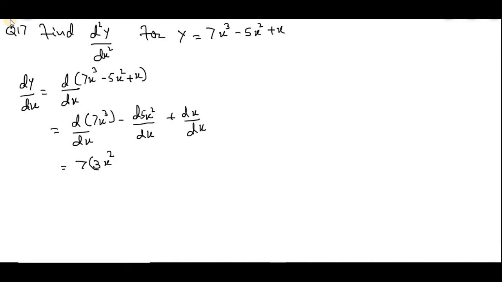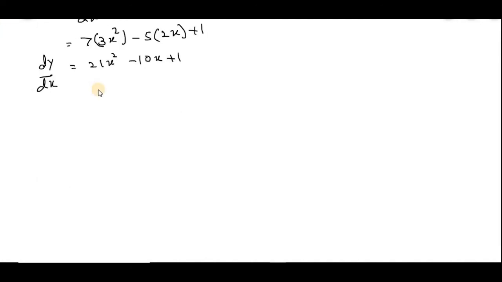Now 7 times 3x raised to power 2 by applying the power rule, minus 5 times 2x, and plus 1. So this is 21x square minus 10x plus 1, and this is our first derivative.